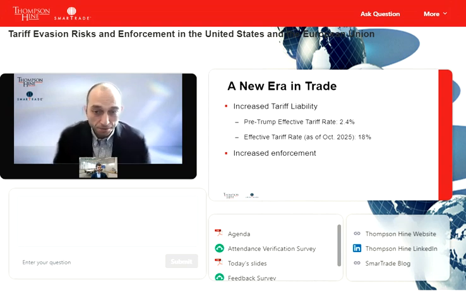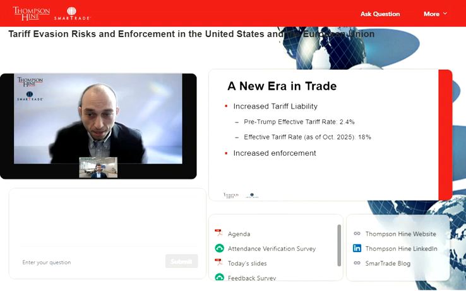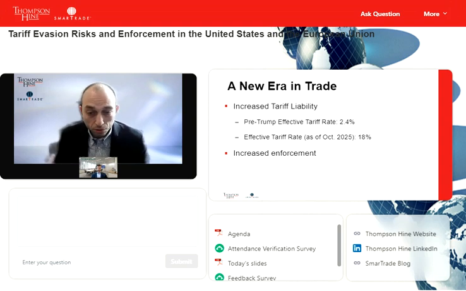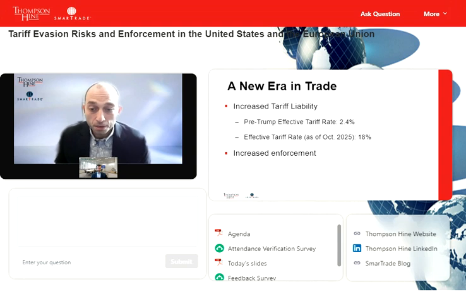But if it's not done right and consistent with laws and regulations, these steps may expose companies to significant civil and criminal enforcement and penalties. The Trump administration has made trade enforcement one of its first priorities and significantly increased its enforcement capabilities to address trade violations. So all these things together set the stage for increased risks for companies due to potential customs non-compliance.